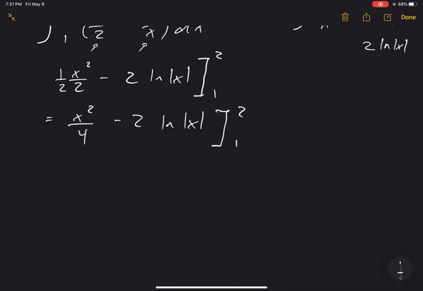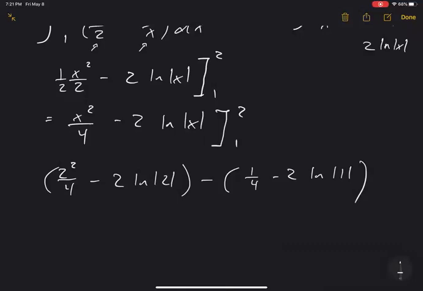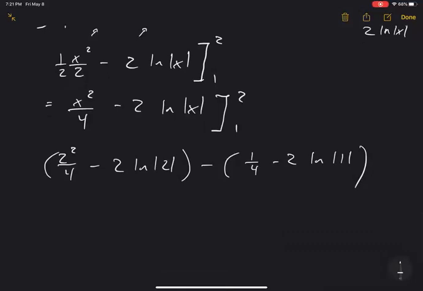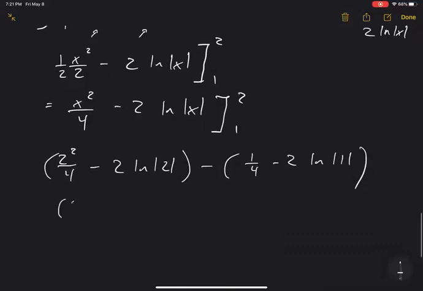What is that? I plug in 2, first of all. And then I subtract what I get when I plug in 1. Now I simplify. 2 squared over 4 is 4 over 4, which is 1, minus 2 ln of absolute value of 2.